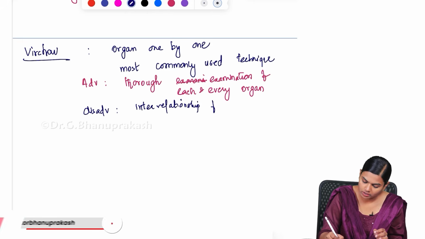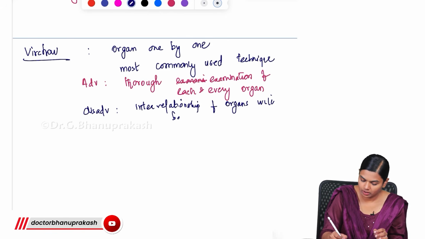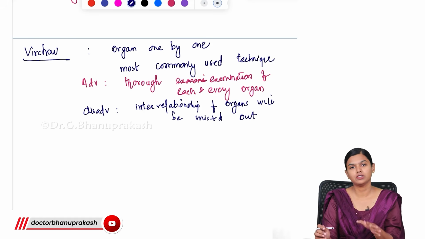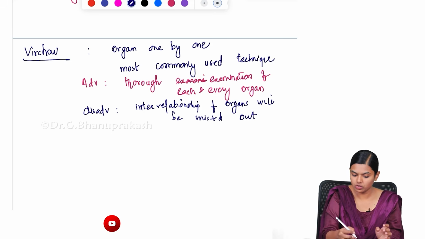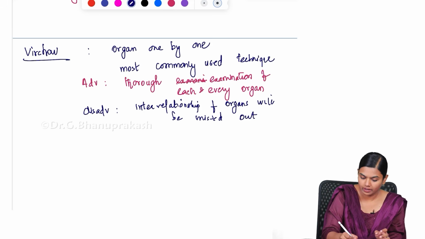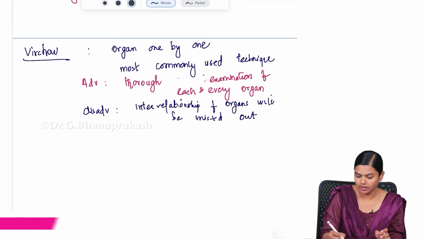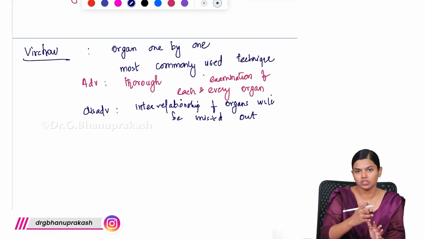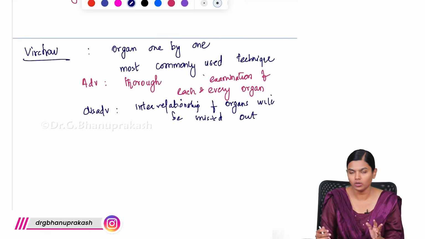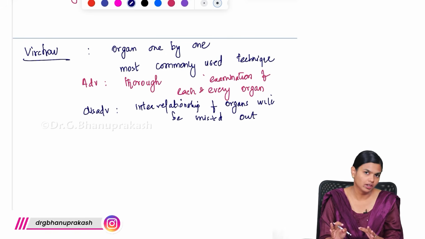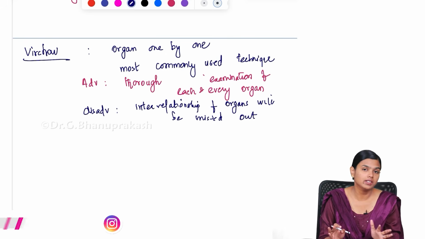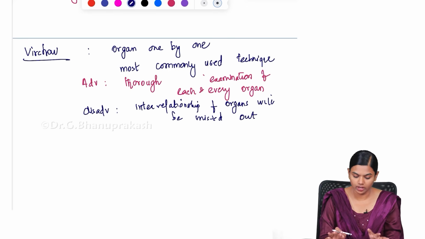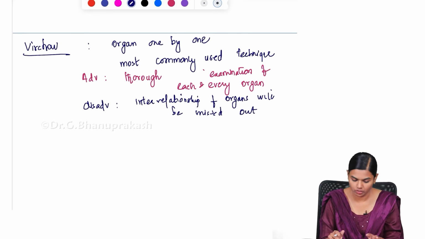Since you are dissecting each organ separately and taking it out, the interrelationship will be missing. But still you will be able to examine each and every organ thoroughly. That is the main advantage of Virchow's technique.